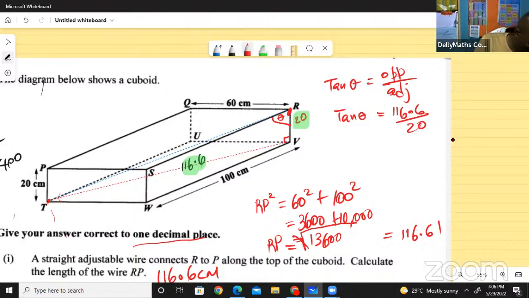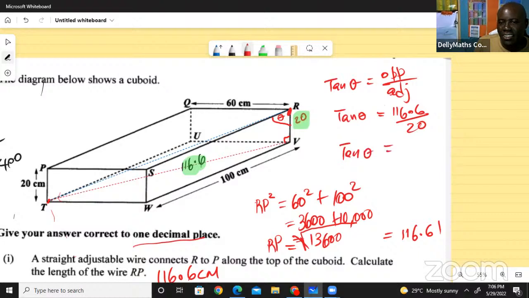Let's find what that value is. 116.6 divided by 20, and I'm getting about 5.8.